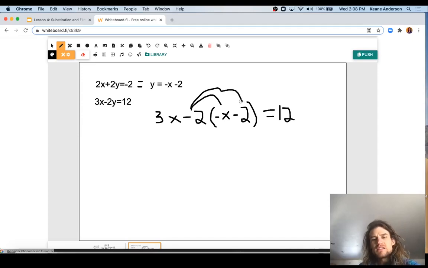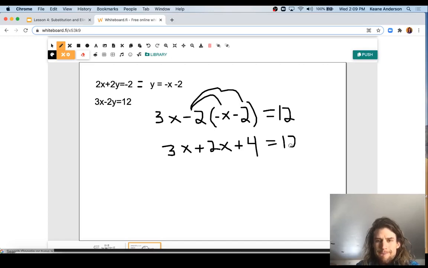We need to use that distributive property and multiply negative 2 times negative x minus 2. So that's going to be 3x, that one's unaffected thus far, plus 2x, because we're multiplying a negative 2 times a negative x, result's going to be a positive 2x, and then negative 2 times negative 2 gives us a positive 4. And of course, this equals 12.